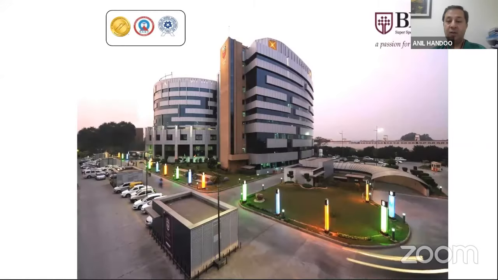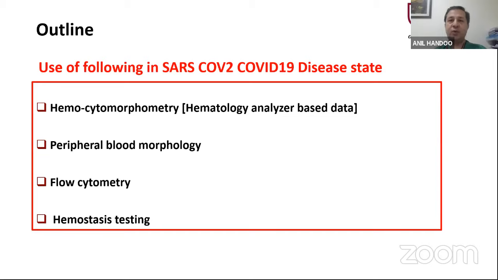So just to make life easy and simple for my own self, and also for all of you to understand how I'll be going across the presentation, I have divided my presentation into the following 4 sub areas. The first one being hematology analyzer based data, and I have, if I may call it, stolen the term hemocytomorphometry from my mentor and friend, Dr. Sukesh Nair.